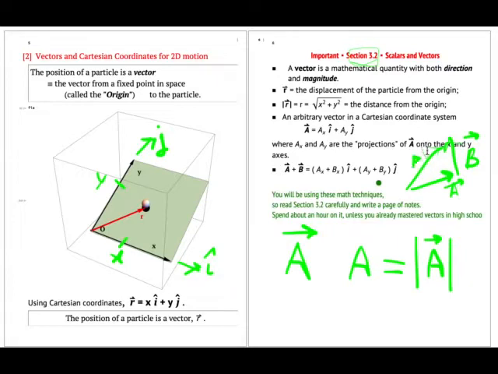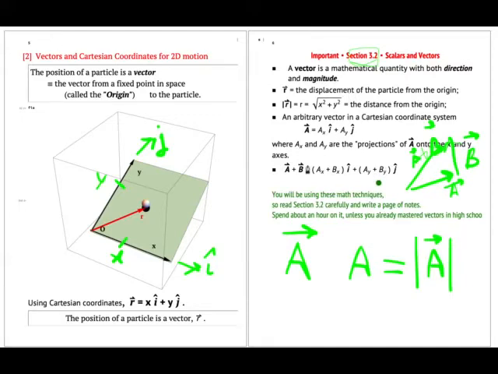If you have to calculate a vector algebraically, then it's just a matter of adding the components. So the x component of A plus B is AX plus BX. And the y component of A plus B is AY plus BY.